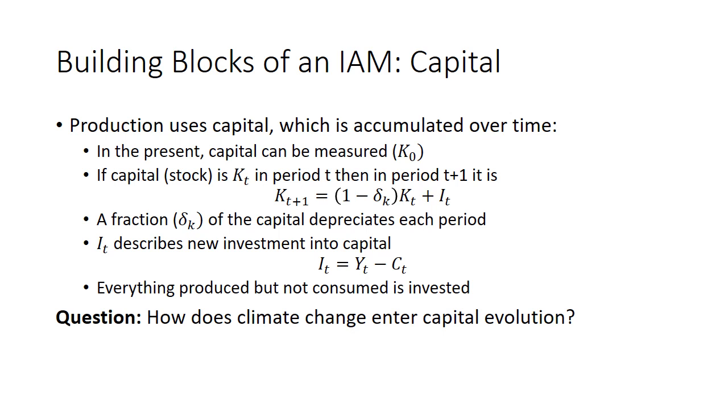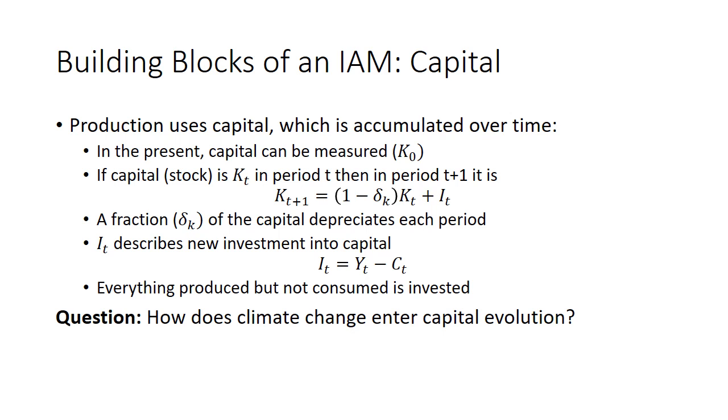Of course, if we define production, we also have to define how capital evolves. Production uses capital, which is accumulated over time. In the present, capital can be measured as K0. The 0 indicates the initial stock of capital, the stock today, or in the beginning of the model.